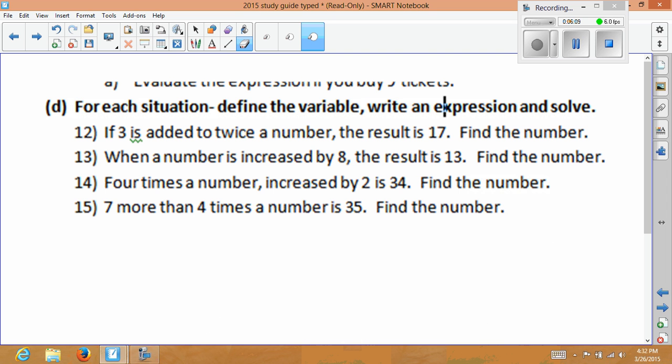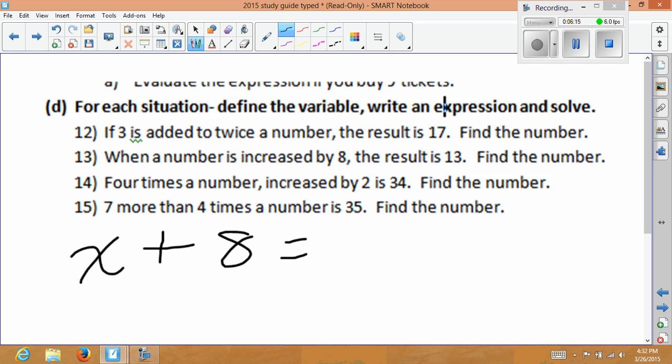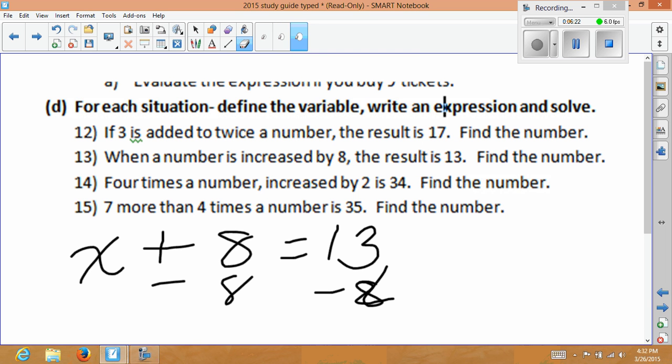Next one says a number increased by 8, the result is 13. Minus 8, and get your answer.